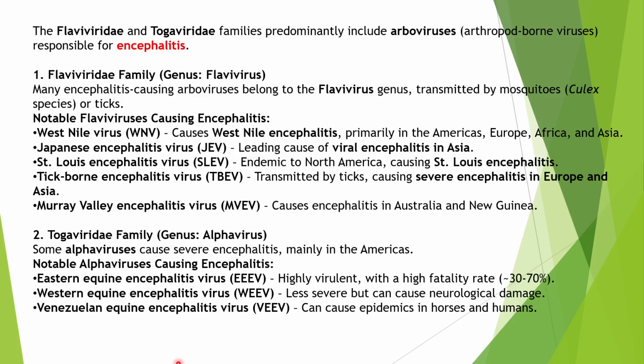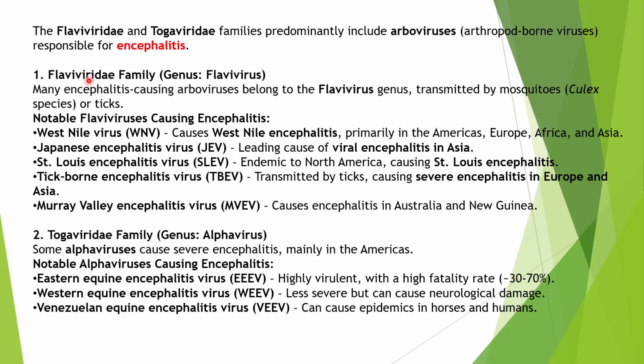Next is encephalitis. Which family predominantly includes the arboviruses? So arboviruses are basically arthropod-borne viruses. So they come under the families Flaviviridae and Togaviridae, and these are responsible for encephalitis.